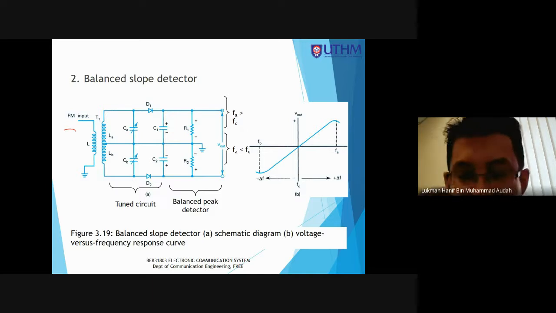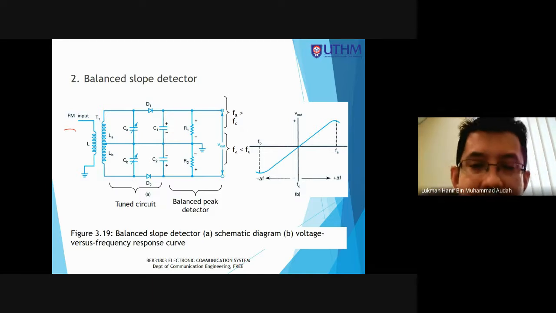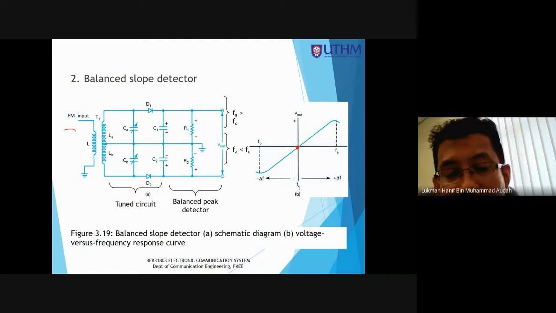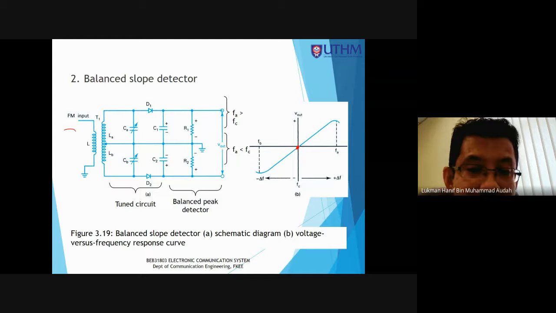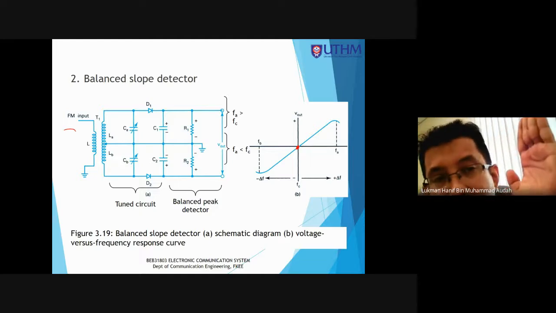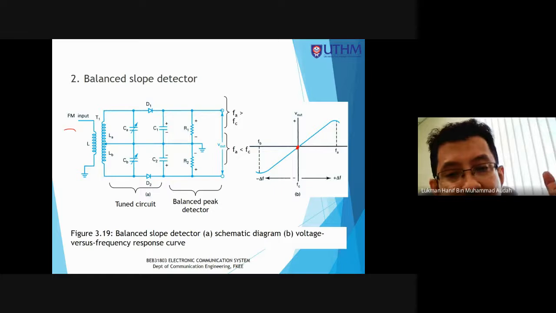Yang mana sebenarnya, okay, sekiranya dia akan setkan bahawa pada output 0, if the output of the slope detector is 0, okay, sorry, at the resonant frequency, bermaksud resonant frequency dia akan resonate pada center of IF, center of the second IF.